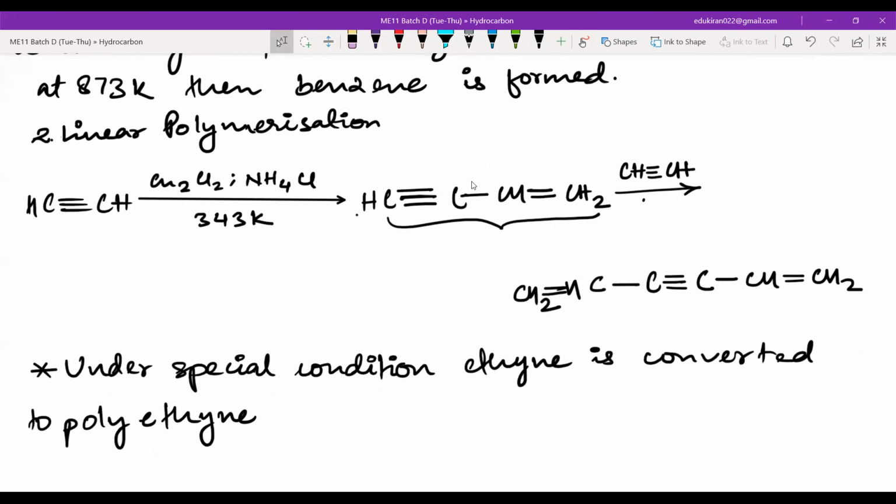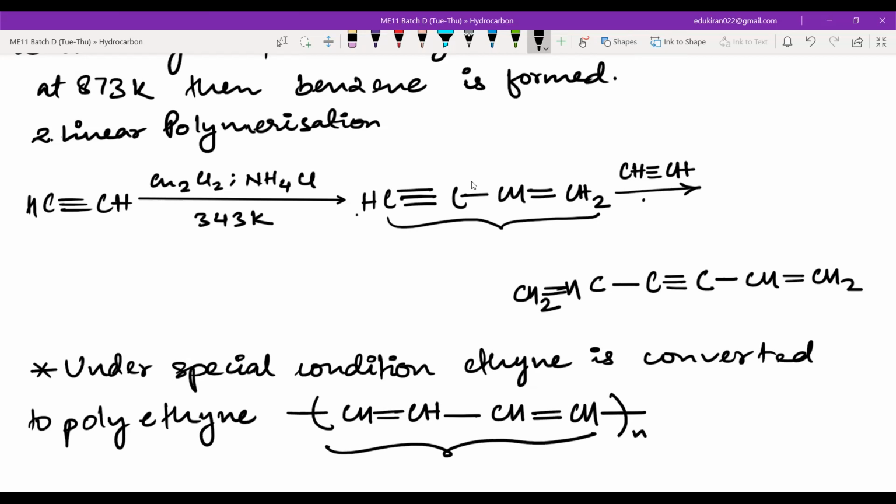Ethane is converted to polyethane, and the formula for polyethane is CH double bond CH, then single bond CH, then again double bond CH, which will be further connected to some other carbon chain again. And this unit will be repeated for n number of times.